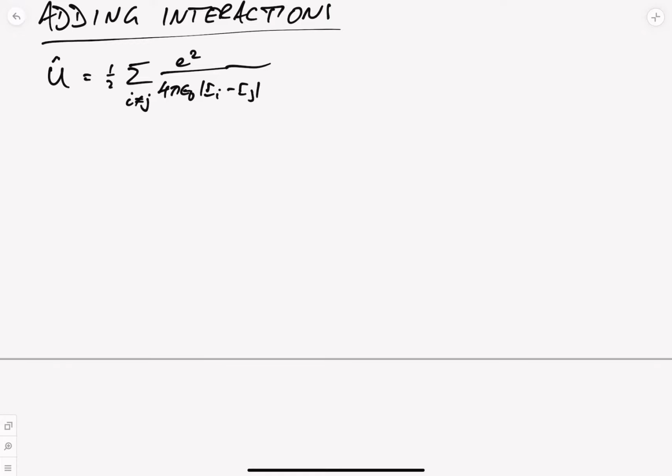We're going to assume a similar many-body wave function to the one we used before, so we're going to call it psi t. That's a trial wave function.